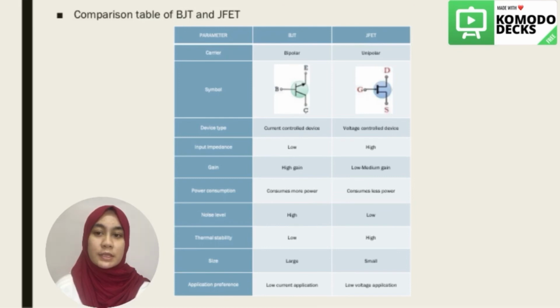Thermal stability, BJT is lower than JFET. For the size, BJT is larger than JFET. The last one is application preference. BJT has low current application, while JFET has low voltage application.